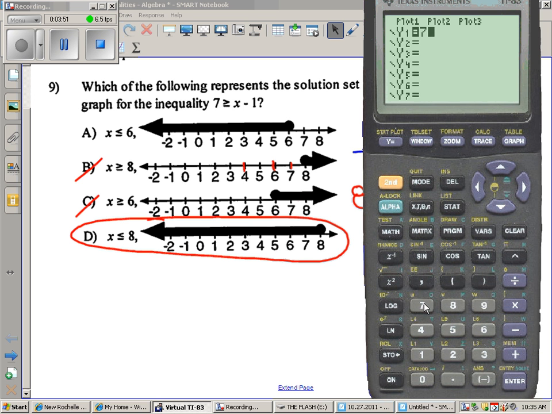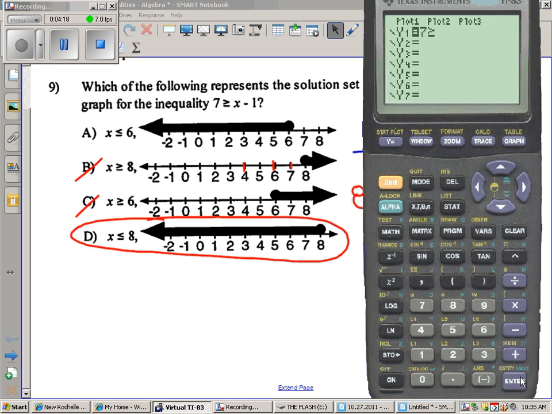Hit second, math, and you will see the symbols all listed. You need to pick the one that matches exactly to the one in the problem. It's number 4, but you need to match it exactly, facing the same direction.